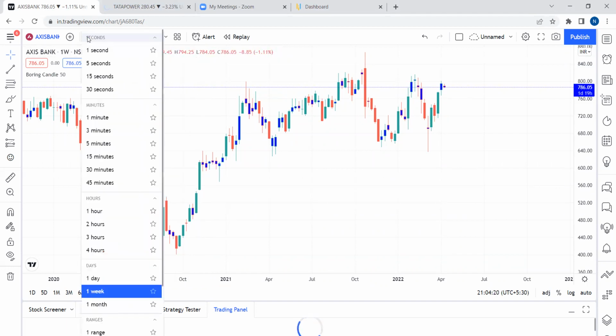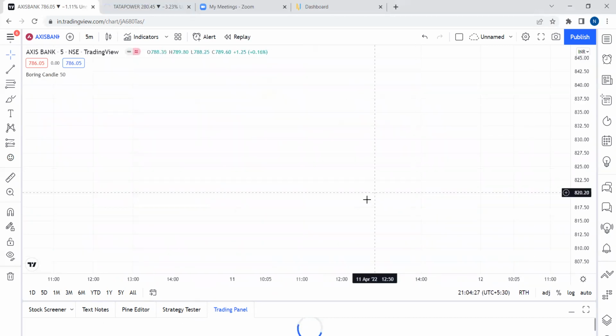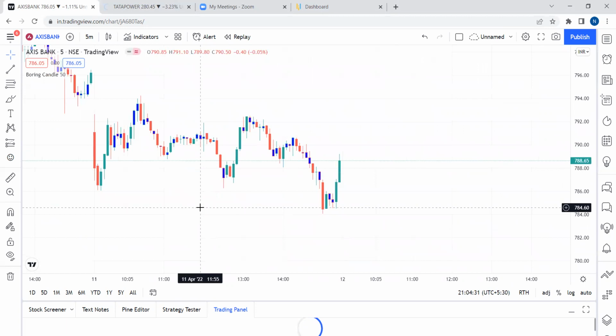Okay, so let's go to the smaller time frame. Yes, we can. It's okay. In the live chart, it can be visible, madam. Yeah, it is.